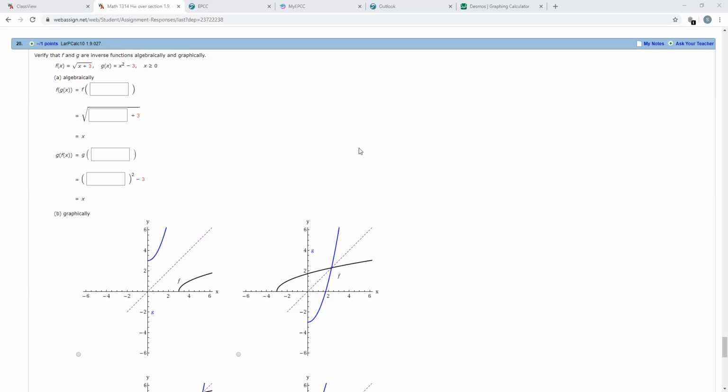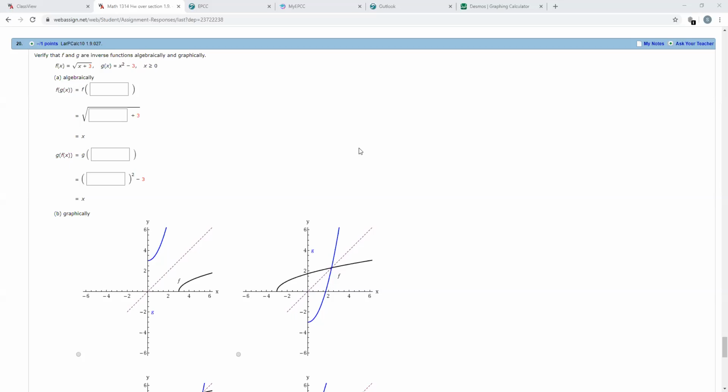So we had to check both of their compositions and see if they simplify out to x if we use a general point x for a general domain value x on the first function. Also, we showed how algebraically we can take a function and find its inverse, not only graphically but algebraically. So those are the things we'll be practicing, and so here we go.